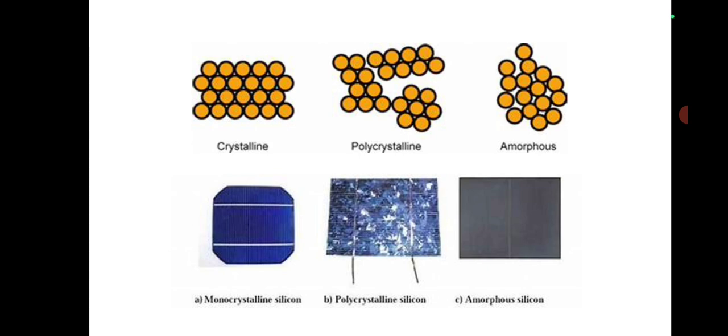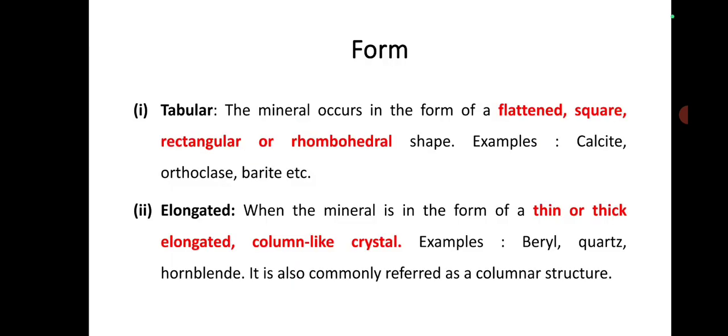That means these small grains may become perfect crystal faces and perfect cleavage. Whereas amorphous means there is no evidence of orderly arrangement of the atoms. There is no well-defined structure or perfect atomic arrangement.